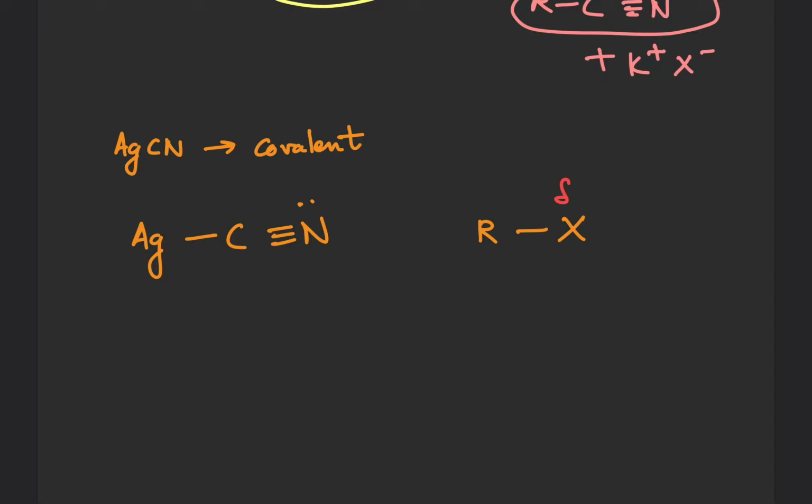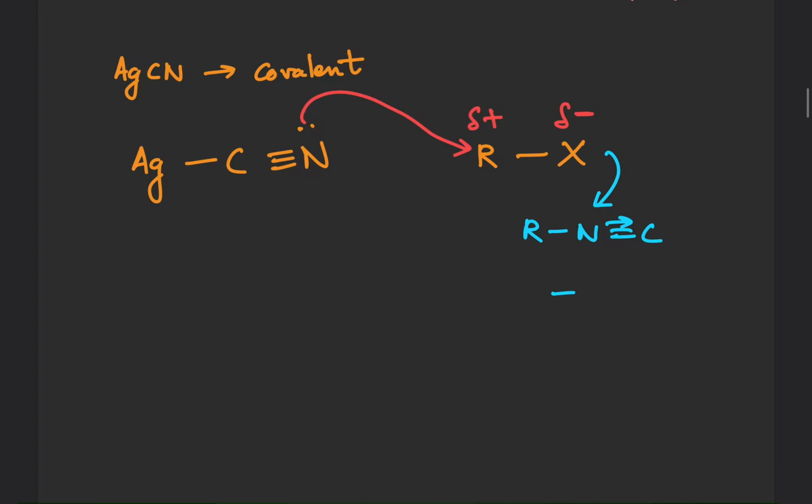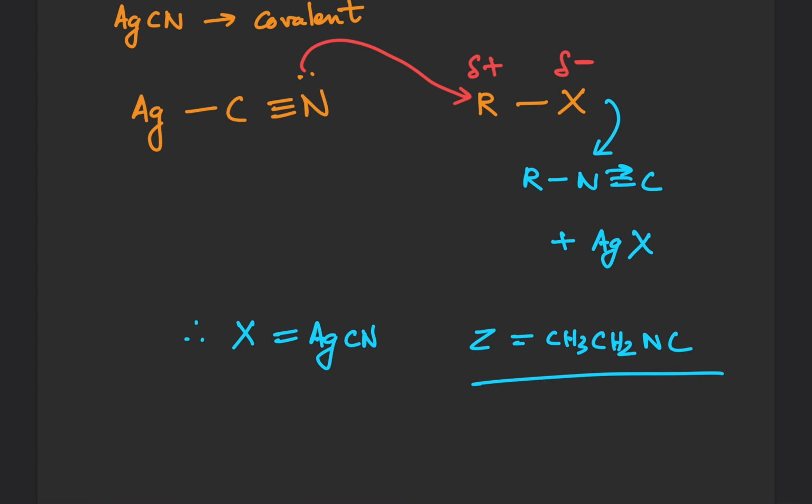RX will have partial negative on X, R will have partial positive, so it is going to attack. So therefore the new bond is going to be a bond between N and C. So therefore we will get RNC or isocyanides, okay, alkyl isocyanides, and the other product is AgX. So therefore finally our X is AgCN and Z is CH3CH2NC. Okay, thank you.